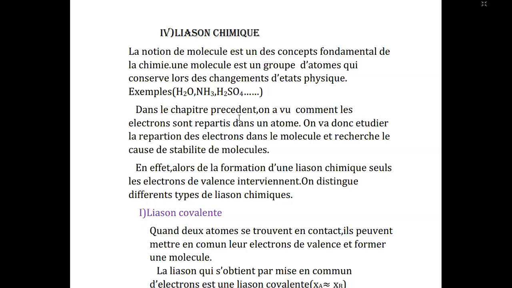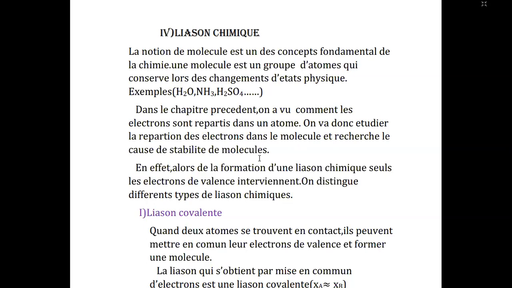Then, maintenant, on va donc étudier la répartition des électrons dans les molécules et rechercher les causes de stability des molecules. So now we're going to study how these electrons are shared in a molecule when there's a bond between atoms. How are these electrons shared?